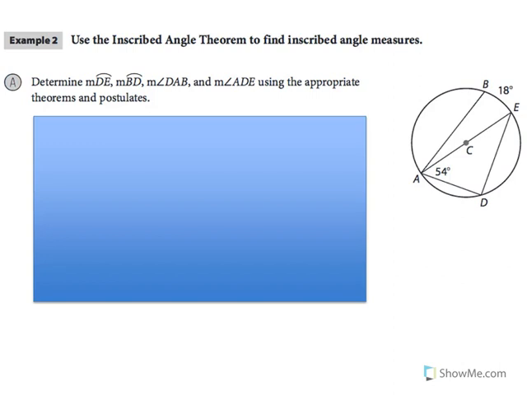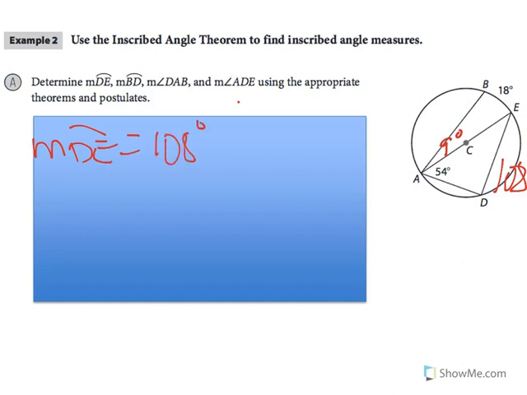So we're given that the arc BE is 18, so then this must be 9, and the angle BAD is 54, so then the arc is twice as much of that. So then this arc here is 108.